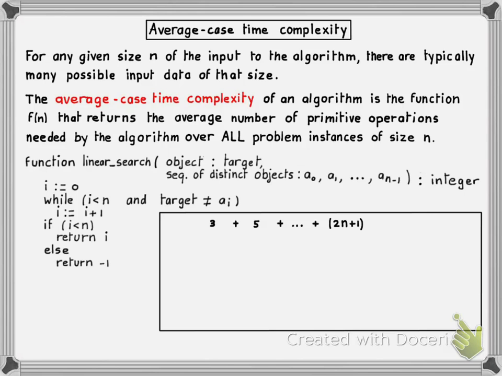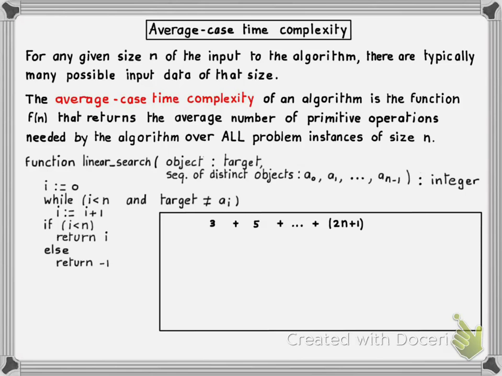Now in this particular case, we need to do all the work we did for the previous case, plus 1 extra comparison here in the n plus 1 iteration to realize that we are past the end of the sequence.